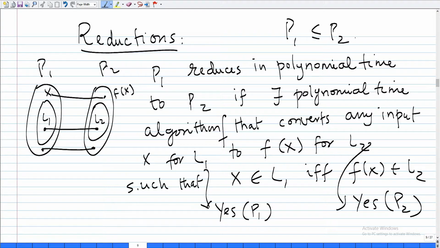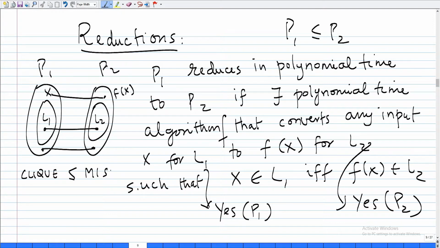How did we reduce clique to independent set? What is the function f? What does the function do? Both have the set of all graphs as the instances. I want to reduce from clique to independent set.